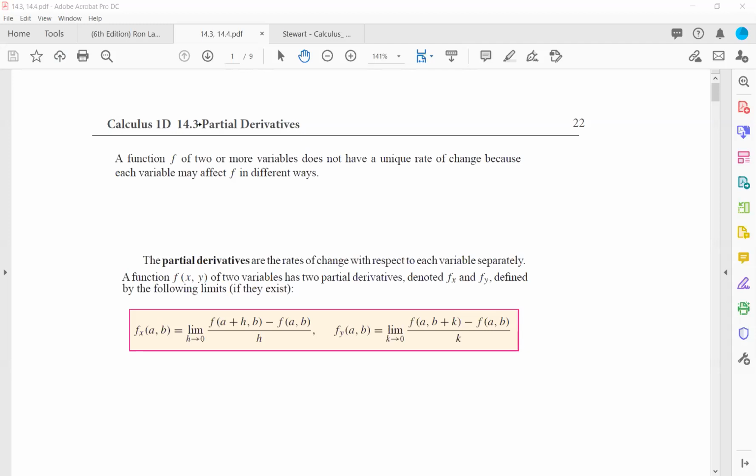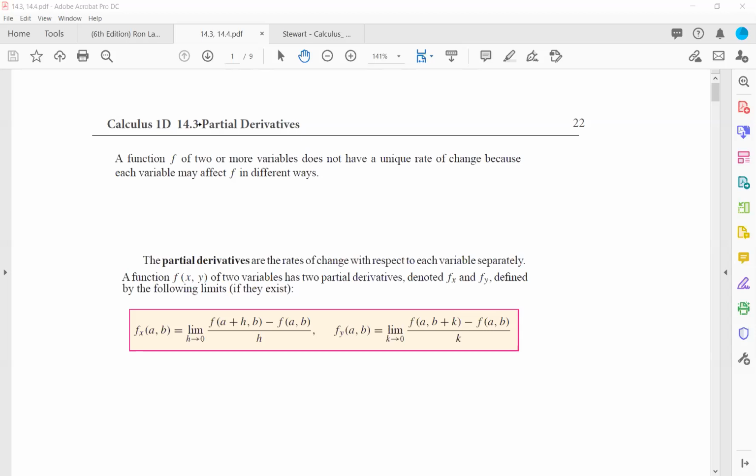If this limit exists, then you say that you have a partial derivative of f with respect to x, or the derivative of f in the direction of x, if the limit exists.